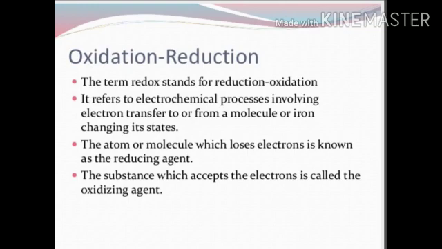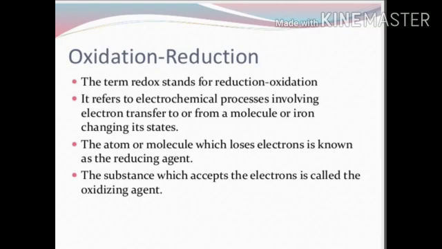But the most important definition used in this chapter is according to the electronic concept of redox reaction. According to that, oxidation is a reaction which involves loss of electrons, and reduction is a reaction which involves the gain of electrons.